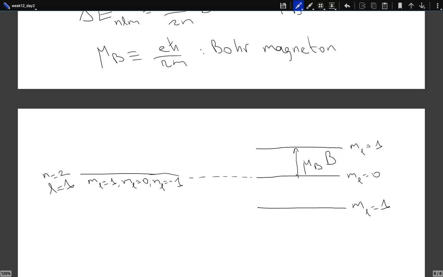So this difference and this difference are mu B times B. Before, they were so-called degenerate, they all had the same energy. Now they don't have the same energy anymore, if you put it in a magnetic field.